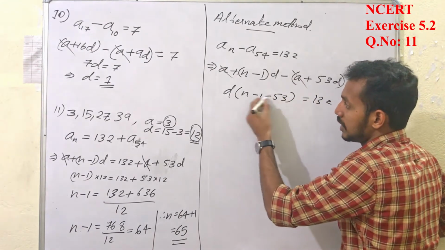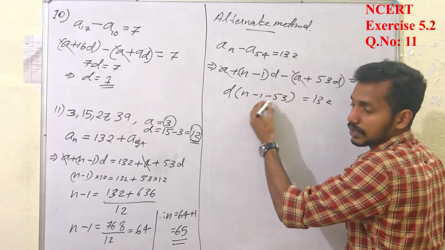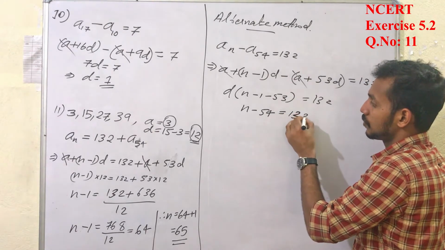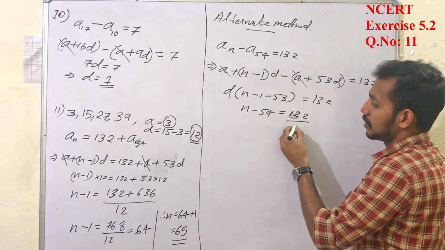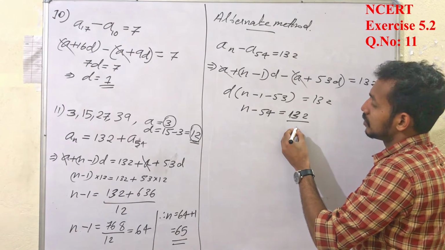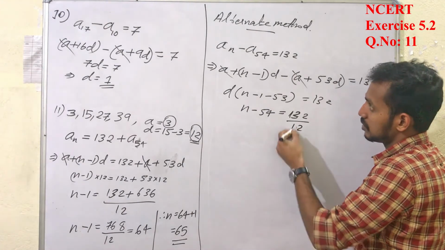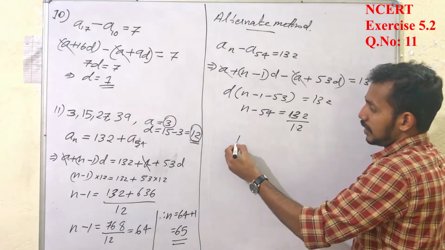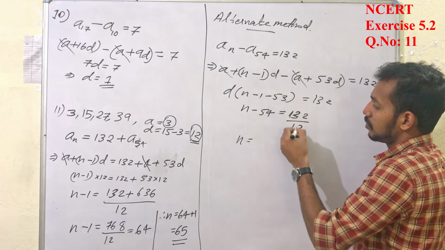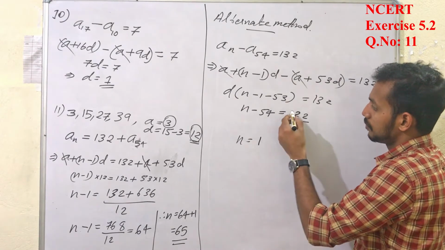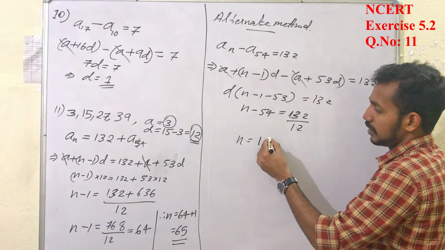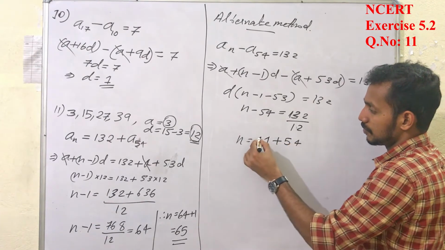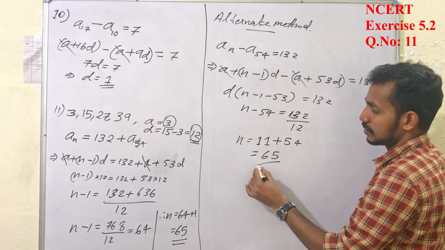That is n minus 54 is equal to 132 divided by d. d is 12, which we already found. Then n is equal to 132 divided by 12, which is 11, then plus 54, which is equal to 65.